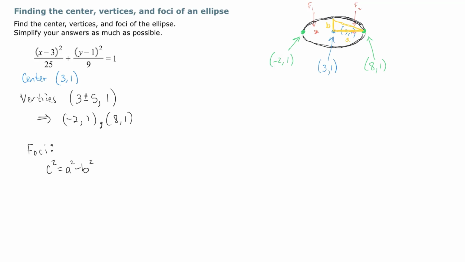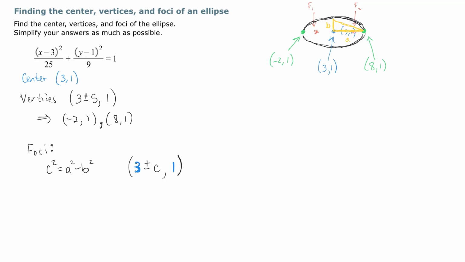In this case, the foci are running in the horizontal direction, so you could think of the formula as 3 plus or minus c, 1. Where did I get that from? Remember, you're finding the foci relative to the center, so that location is very important.